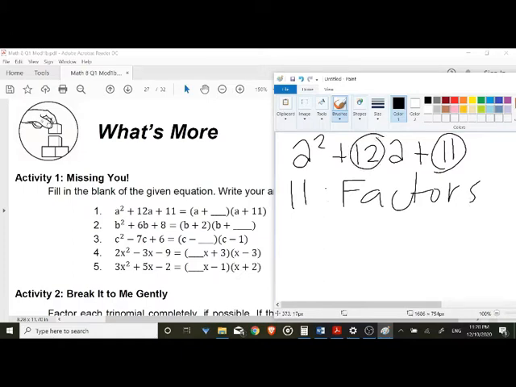So, hanapan po natin ang factor sa 11. 11 is a prime number. Right? So, 11 times 1. Pag in-add po natin, dapat ang answer ay ang middle term, or the coefficient of the middle term, which is 12. So, in this case, sakto. 11 times 1 is 11. 11 plus 1 is 12, which is the coefficient of the middle term.